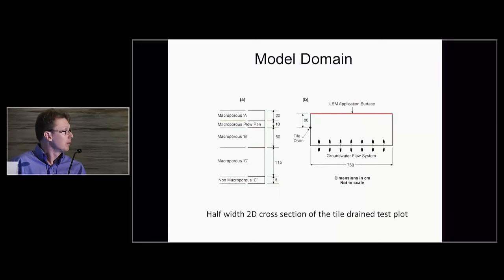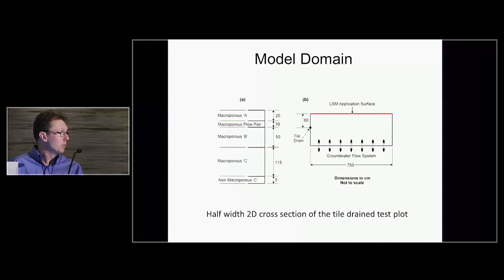And here's a cross-section through our model domain. So this is a two-dimensional slice through the field. You can see our liquid application surface was on the top. I won't go into a lot of detail here, but we tried to incorporate as much of the soil structural characteristics as possible. So we have the different soil horizons, macroporous where they need to be. We have a low permeability plow pan.